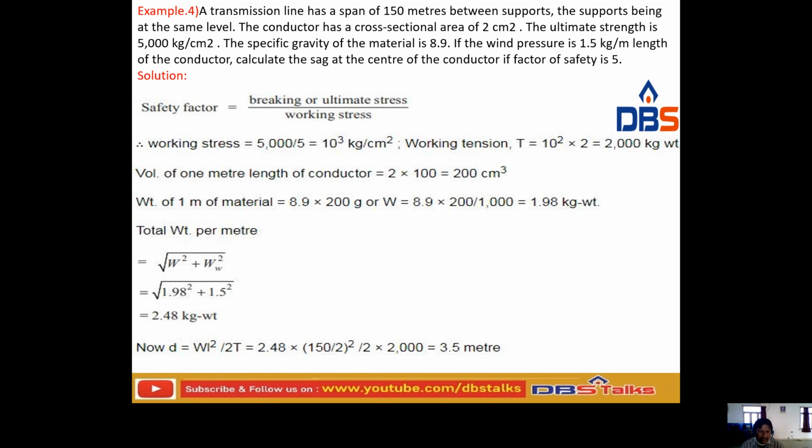So 2.48 into 150 square by 8 into 2000, we are getting 3.5 meters as the sag. Like this, you have to calculate the sag, the total weight of the conductor and also the working stress of the conductor.